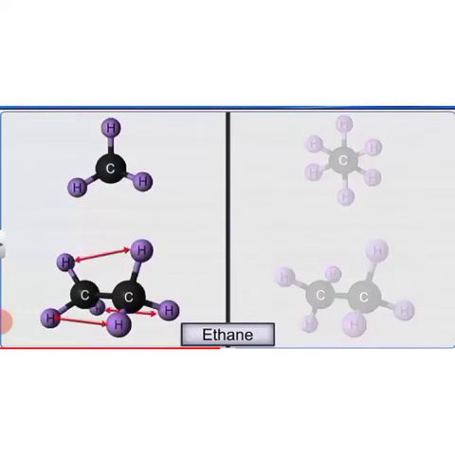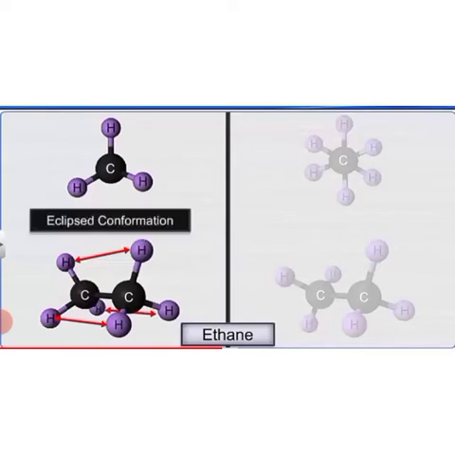When the arrangement has the hydrogen atoms close to each other, the three hydrogen atoms and carbon atoms at the back are hidden by the three hydrogen atoms attached to the carbon atom in the front. And so the arrangement is known as Eclipsed Conformation.